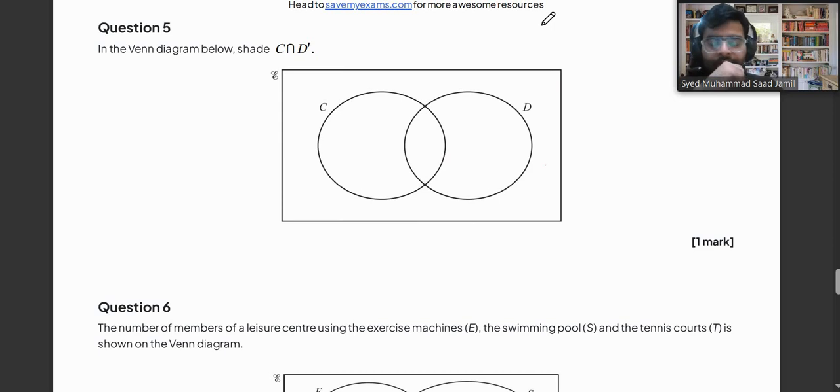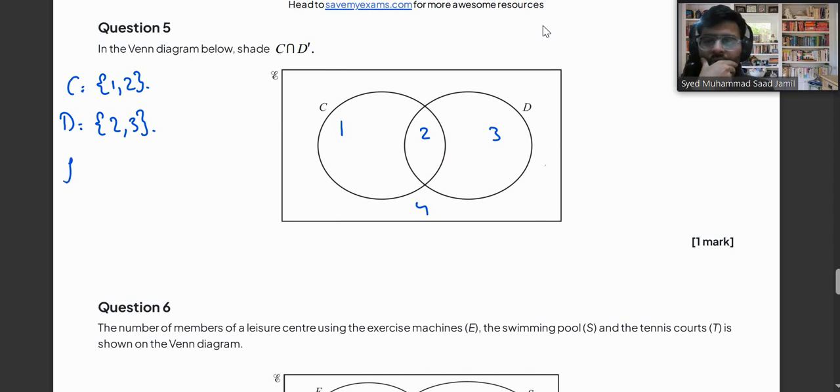Look, whenever I want to do this question, I do it like this. 1, 2, 3, 4. So in C you have 1, 2. In D you have 2, 3, and the universal set is 1, 2, 3, 4. So now the question set C, which is 1, 2, and D complement.